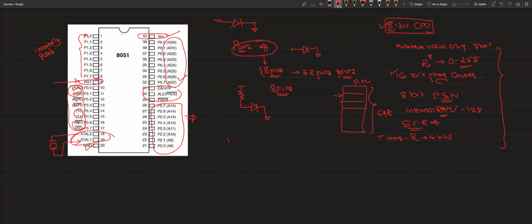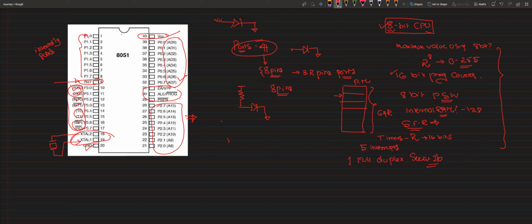And we have a total of 5 interrupts in the 8051, and we have one full duplex serial I/O, input output. This is the overall feature set of the 8051.